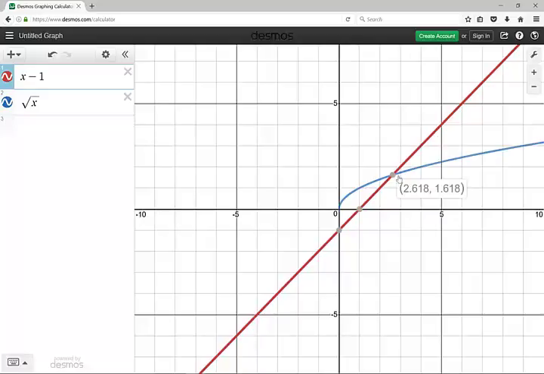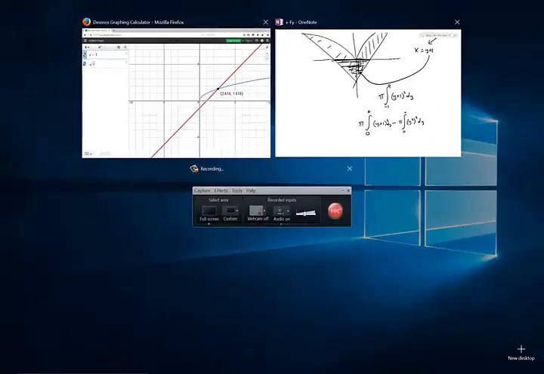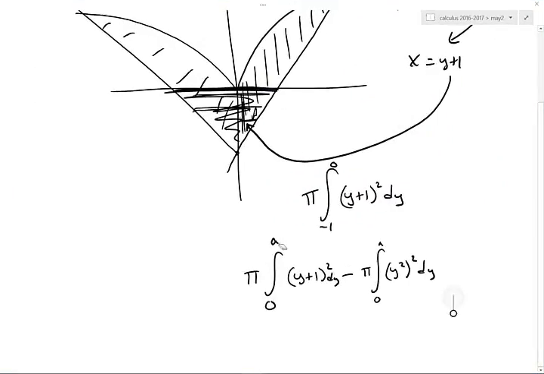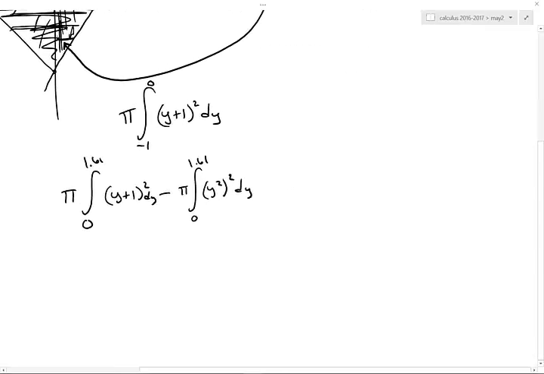They cross at 1.618. Why are you paying attention to y's? Because we're doing dy's this time, yes? So when I look at that, I'm going to come back over here. 1.618, something like that. Somewhere in that ballpark. And I'm going to go ahead and integrate these guys.